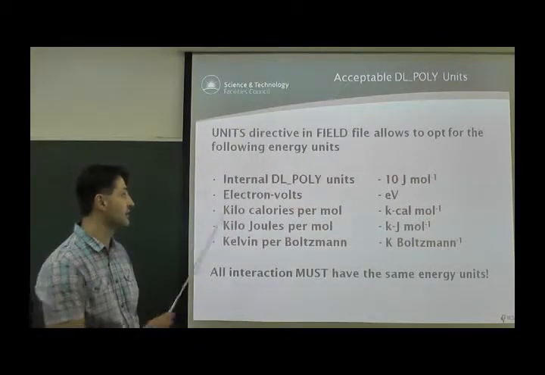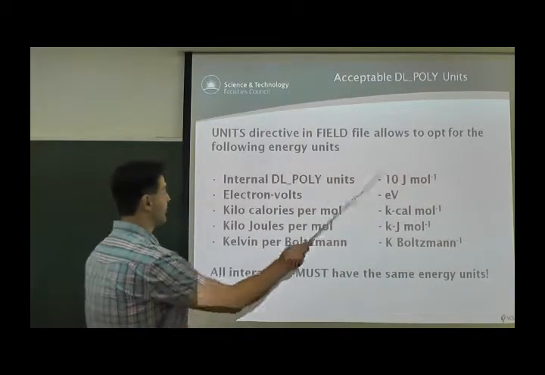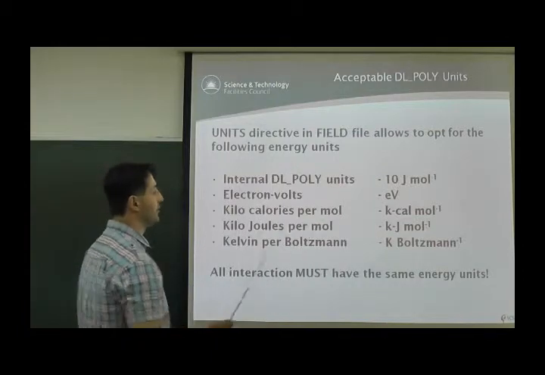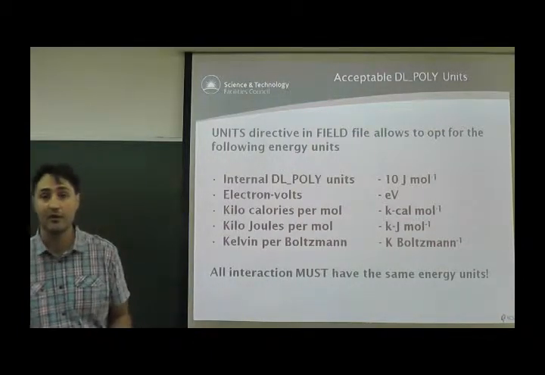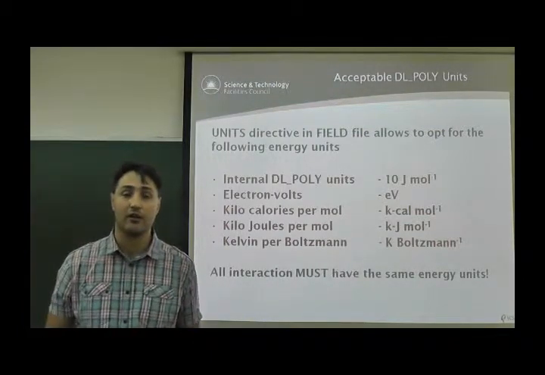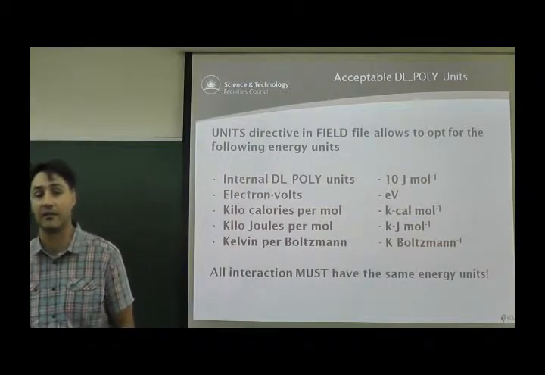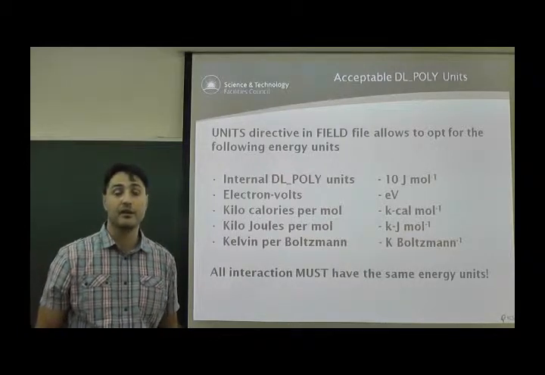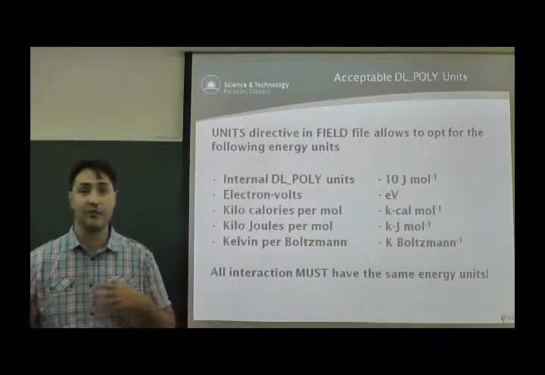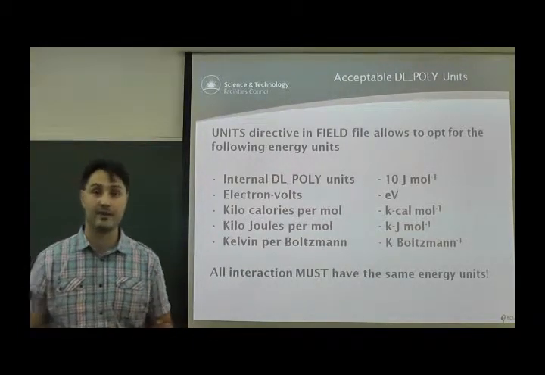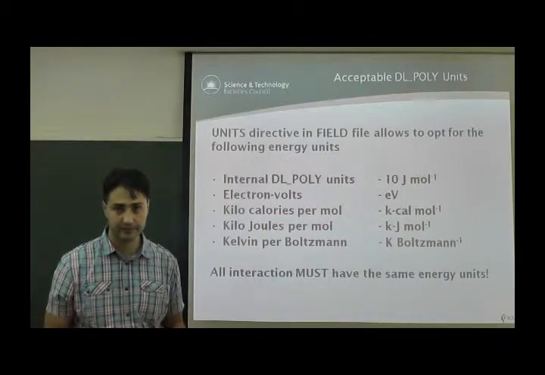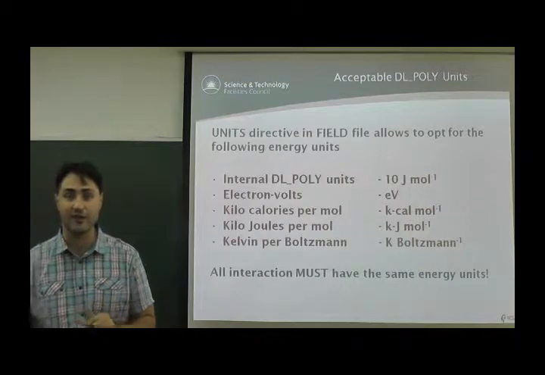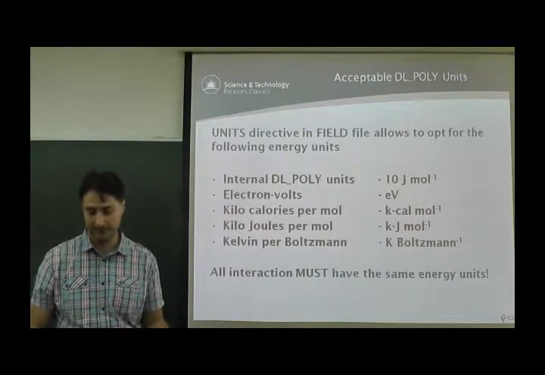Essentially, the DL_POLY internal energy unit is 10 joules per mole. Parameters can be specified in electron volts, or kilocalories per mole, or kilojoules per mole, or Kelvin over Boltzmann. Of course, if you have a mixture of parameters for a mixture of molecules or various chemical types interacting with one another, you have to be consistent in using the same energy unit for the full system.